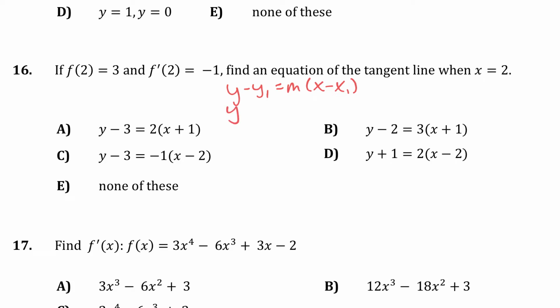So that'd be y minus 3, which is right here, and then the slope is that derivative, which is negative 1, times x minus that x sub 1, which is 2. And so when you have all this, it looks like we got a C for our answer right there.